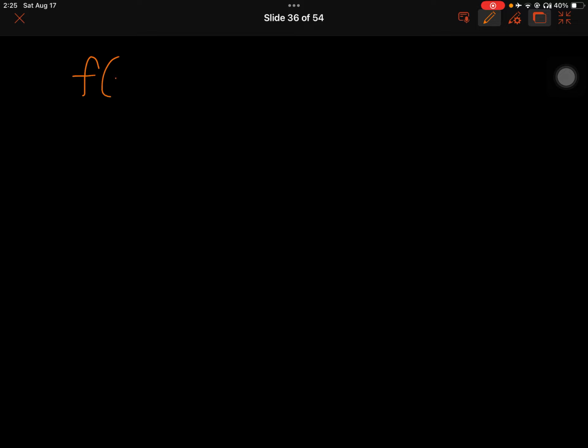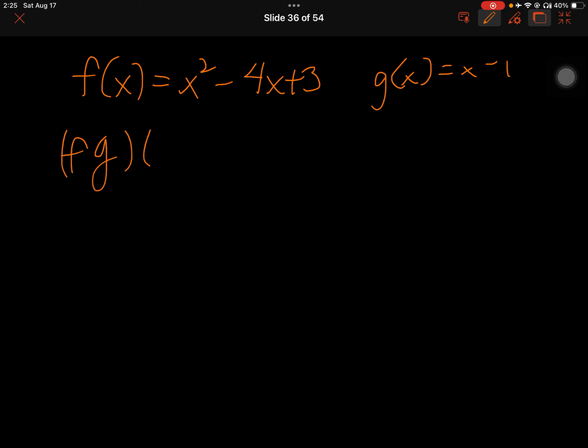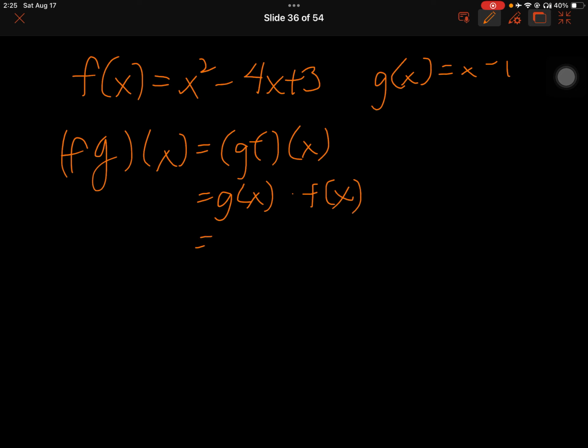Okay. So f of x is equal to x squared minus 4x plus 3, and g of x is equal to x minus 1. So again, fg of x is also equal to gf of x. It's also equal to g of x times f of x, equal to x minus 1 times x squared minus 4x plus 3.